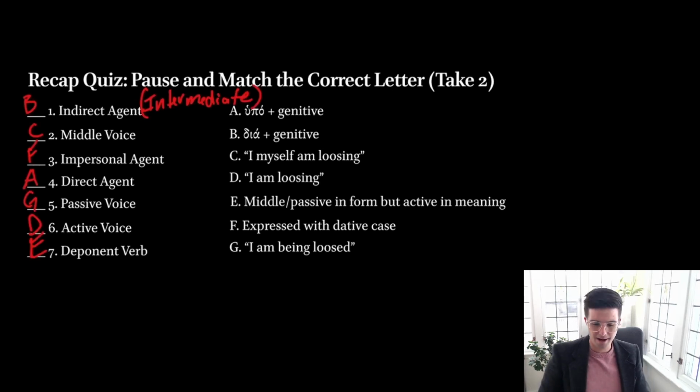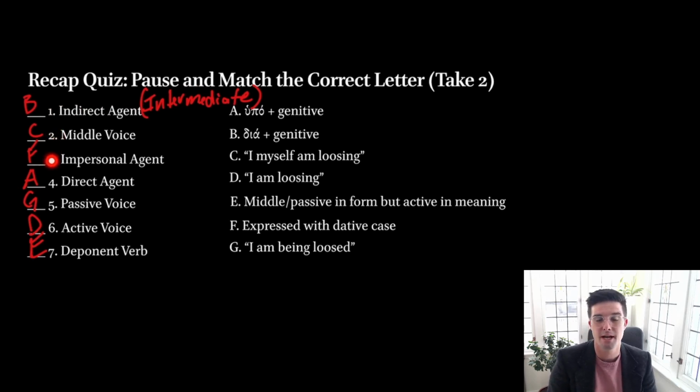And here we have our answers, and I realized as I was filling them out that I alternated between intermediate and indirect agents. So you'll see these actually called both the same things. The intermediate language is the language that Black uses, so I put this in here as well. The intermediate agent is going to be indicated with dia plus the genitive. The middle voice is going to be translated with "myself."